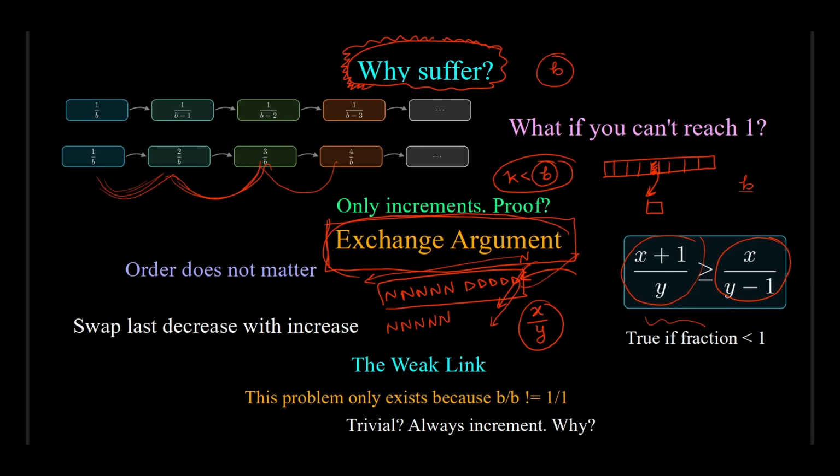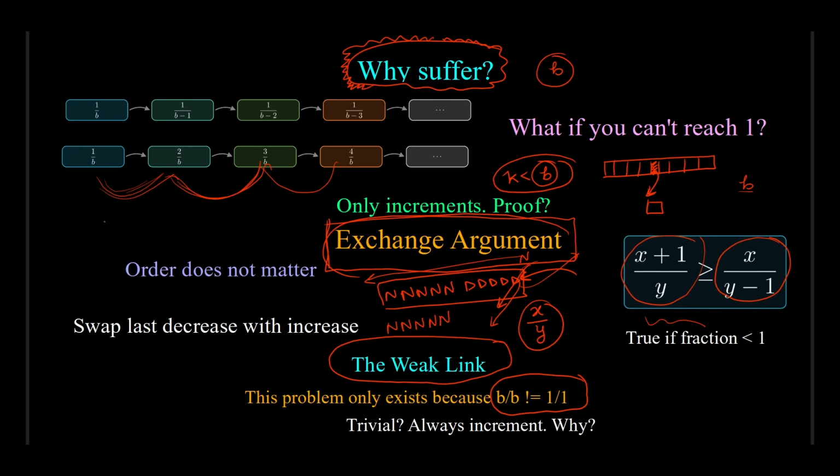So one interesting thing that you might notice is that this entire problem exists only because of the constraint, which is b upon b not equal to 1 upon 1. And why do I say that this is the only piece that is holding this entire problem together?